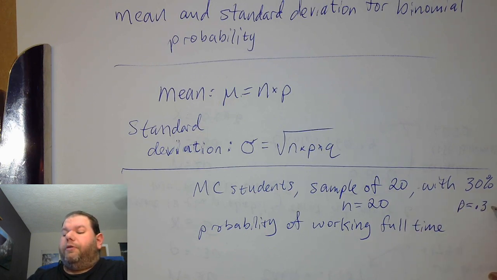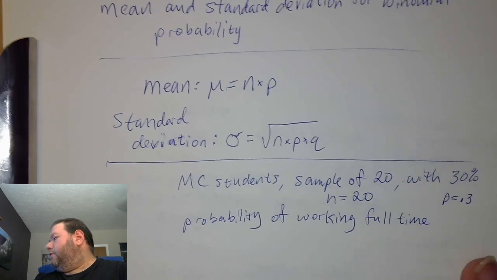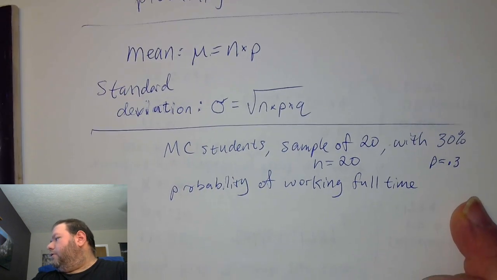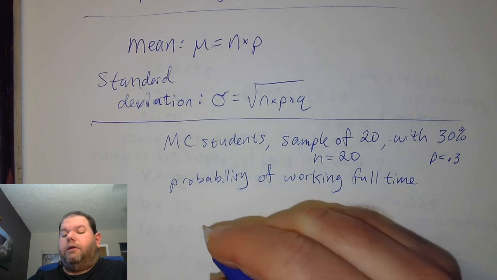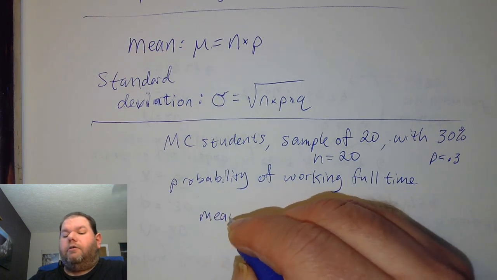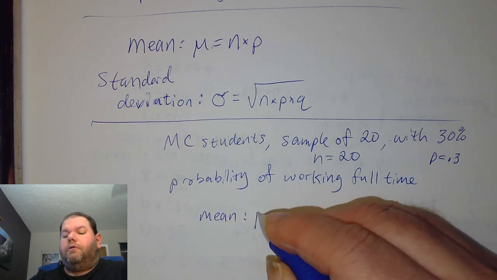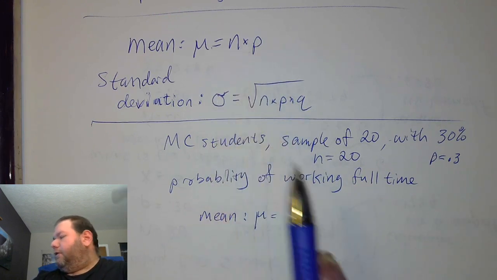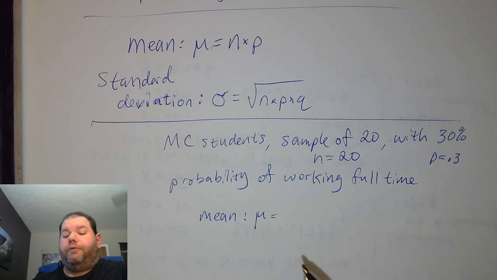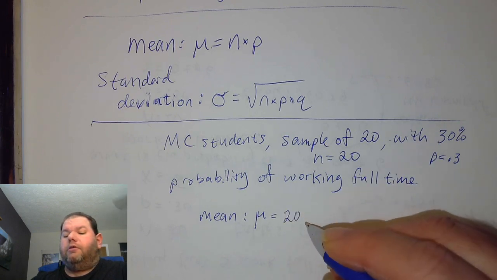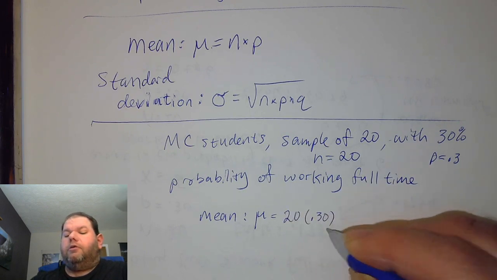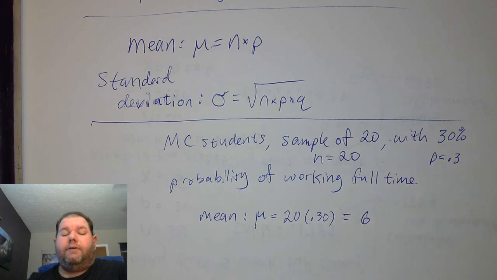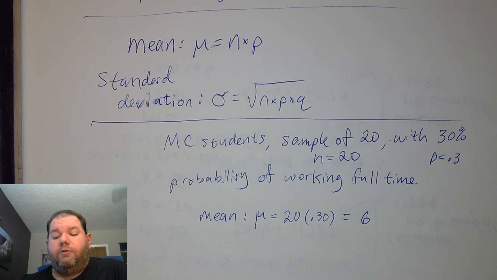So p equals 0.3. Right, so our mean, mu, we said it's just n times p, so it'll be 20 times 0.30. It comes out to 6. So we would anticipate on average that 6 would be working full time.